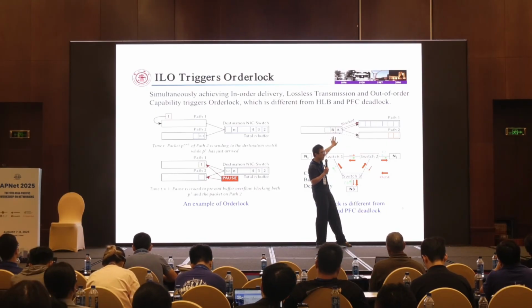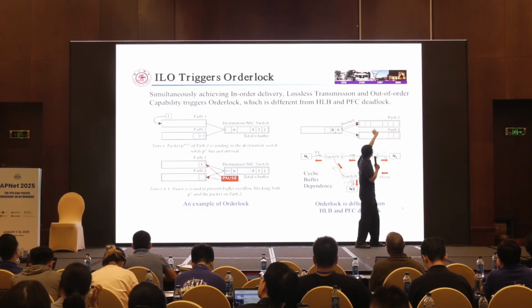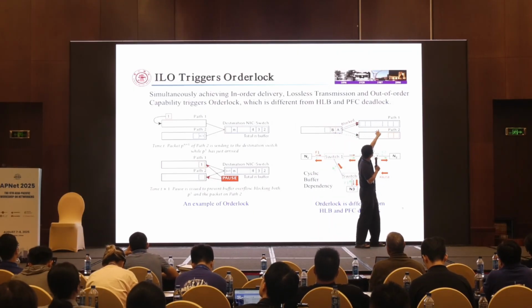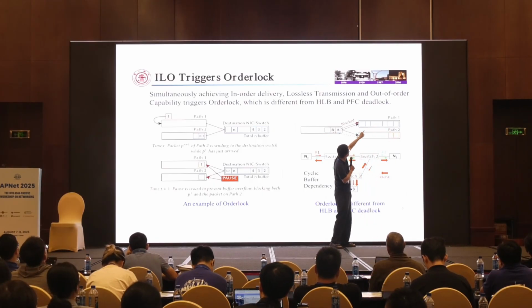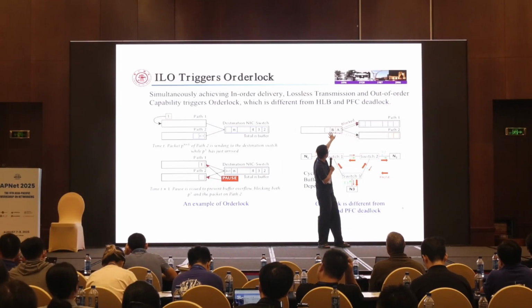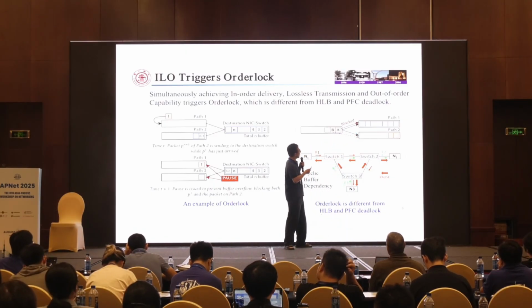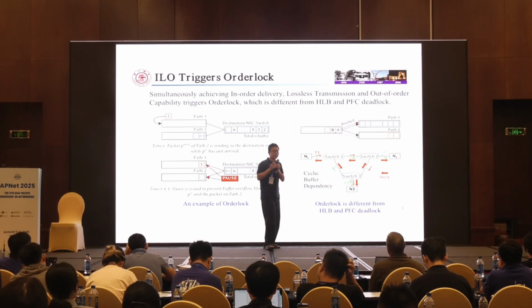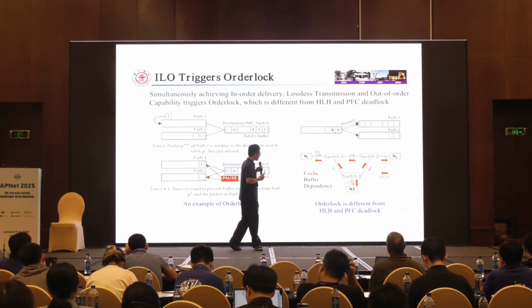This is called head of line blocking. But eventually, the packets transmitted in this path make room for packet 2, and then the system just keeps going. So head of line blocking only reduces network throughput. It won't cause a deadlock.